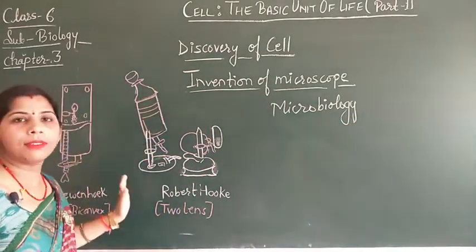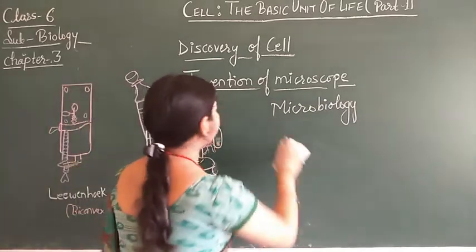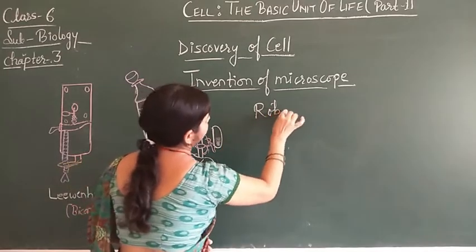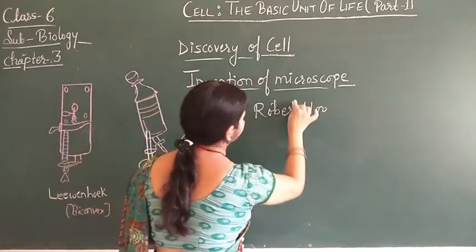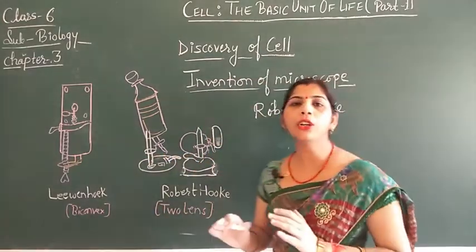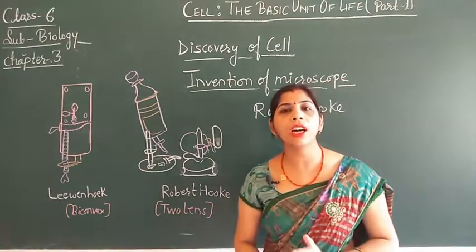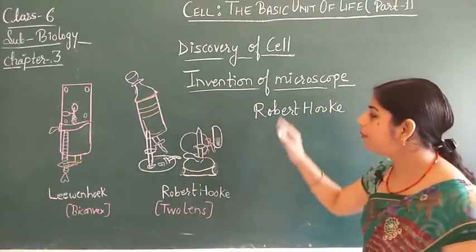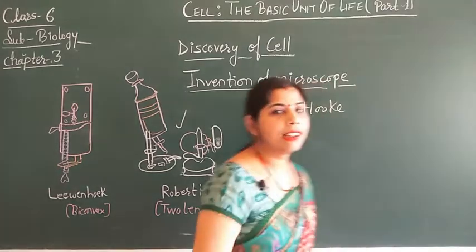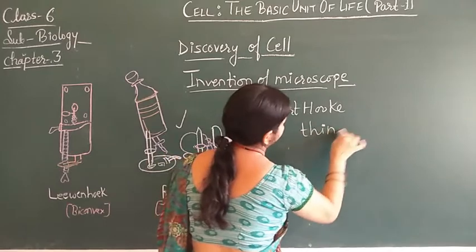After this, another scientist, Robert Hooke, designed a self-made crude microscope using two lenses. With the help of this microscope, he studied a thin slice of cork.